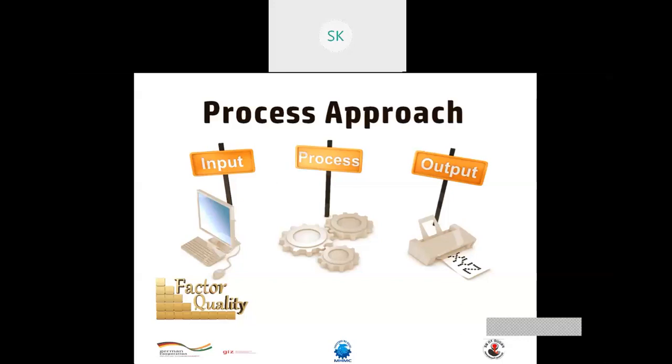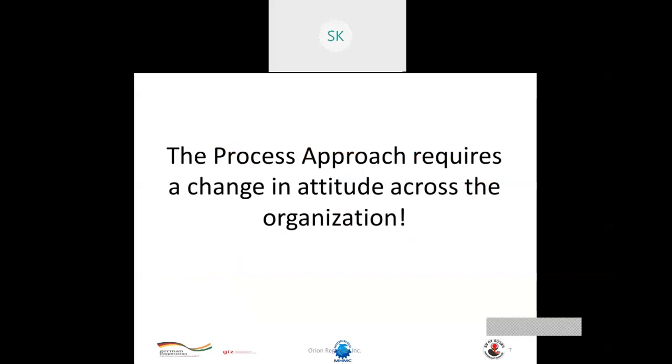To get the desired output, we have to get the desired input, and a proper process has to be followed. So this is nothing but a process approach. To get good output, we need to give good input, and we have to follow the process as per the desired plan. So it is called a process approach. Process approach is an important word. It requires a change in attitude. This is very important, that the attitude needs to be changed.